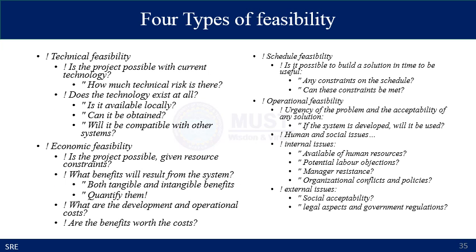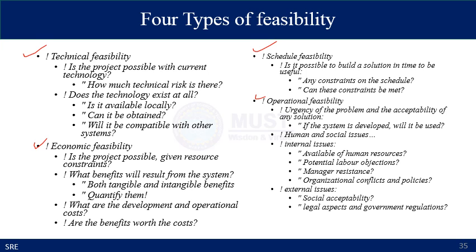And there are different types of feasibility studies which are done at different levels. For example, technical studies, schedule feasibility studies, operational studies and economic studies. Technical studies, as the name suggests, deal with the needs and advent of the technology.